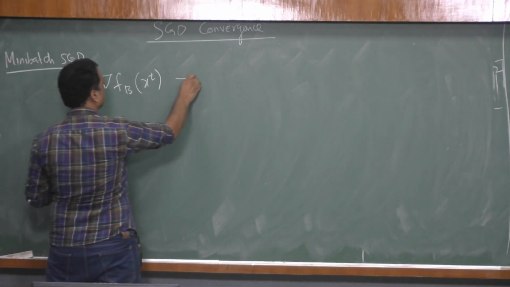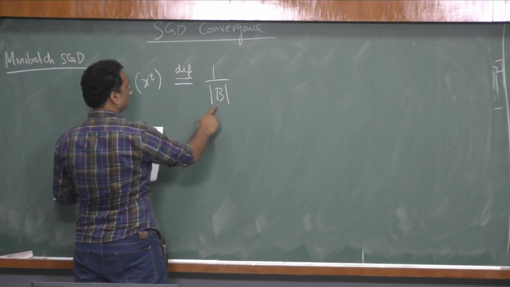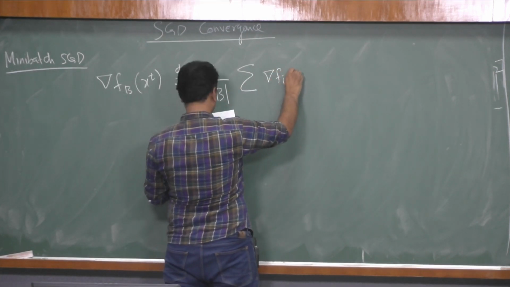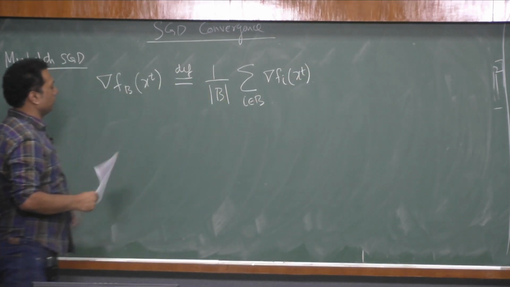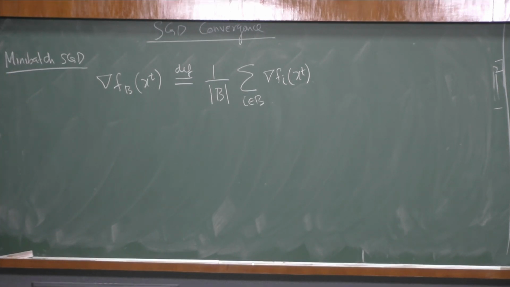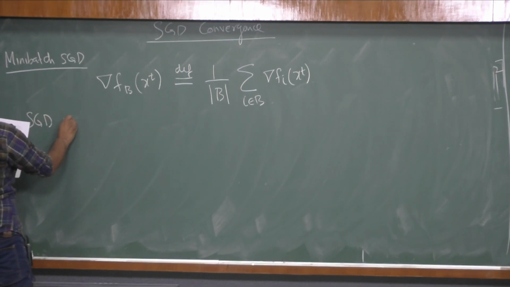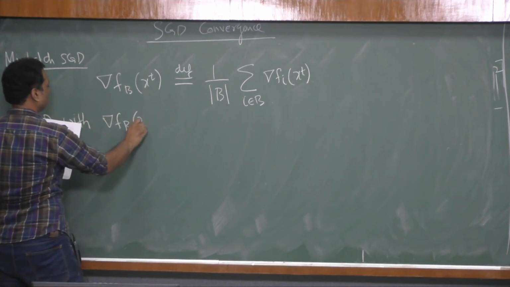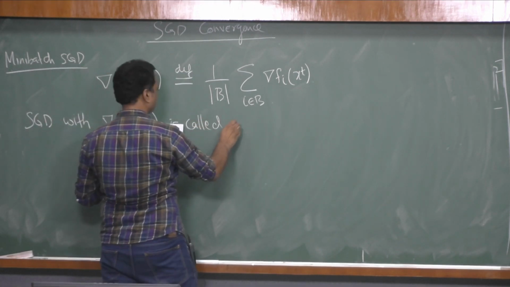So this is defined as 1 by b, where b is the batch size, times the sum of gradient of fi at xt, summed over all the samples in the batch. So SGD with this taken as the gradient is called mini batch SGD.